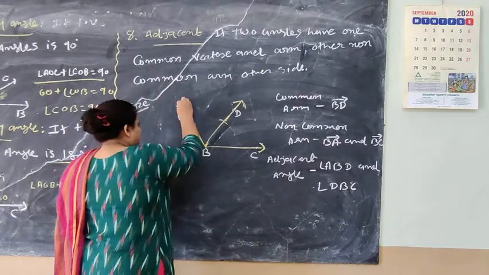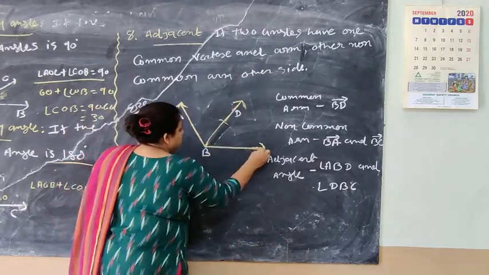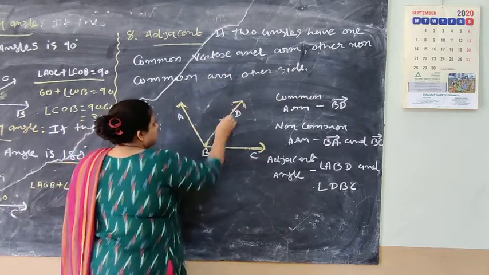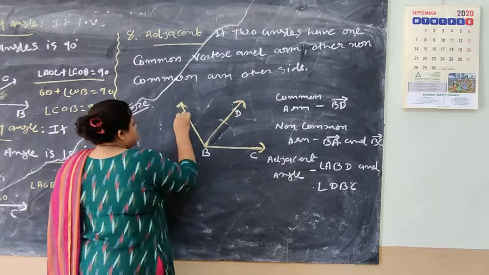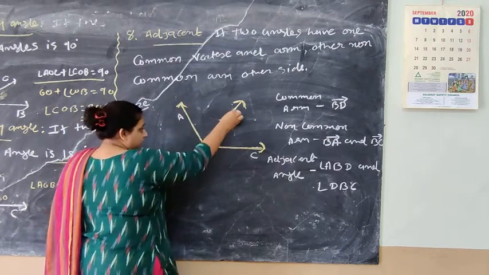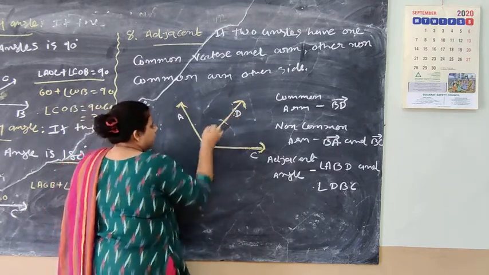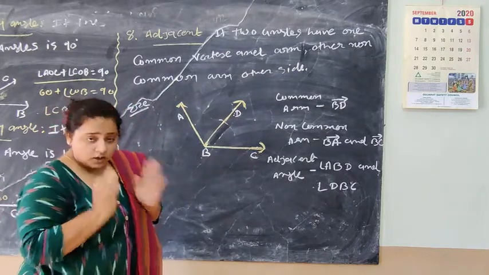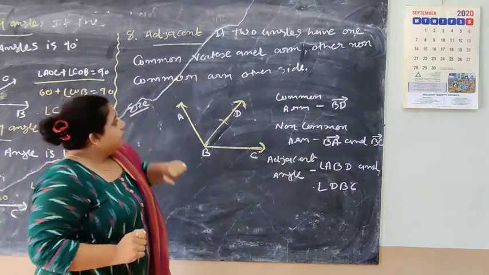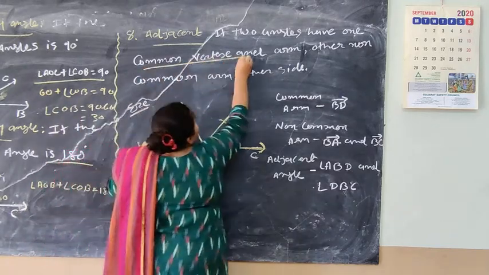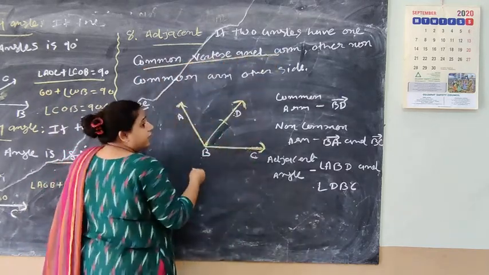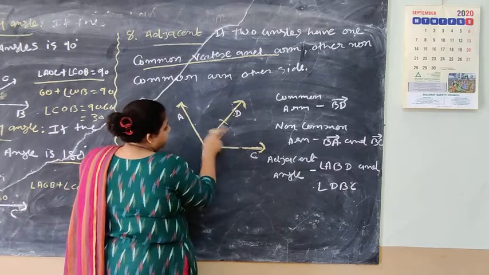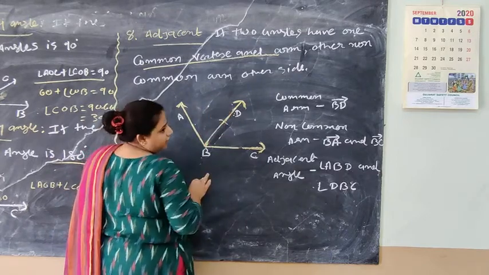See, here is the example. Now we choose any two angles. Which are they? Angle ABD and angle DBC. These are two angles with a common vertex and arm. The common vertex is B. If you write both the names, B is the common vertex, right?